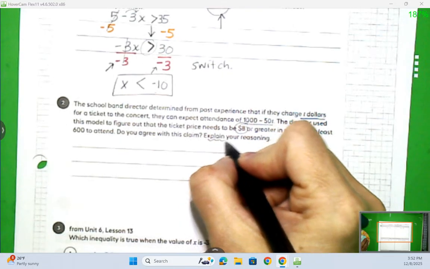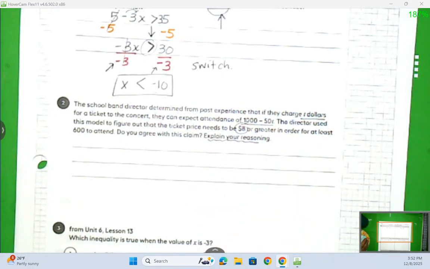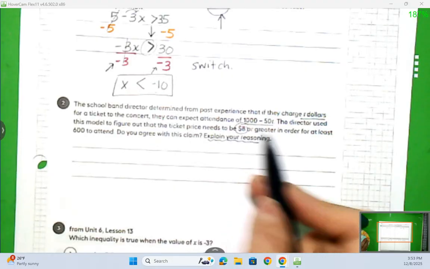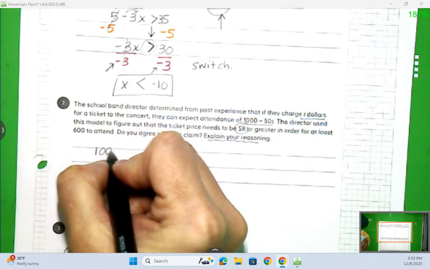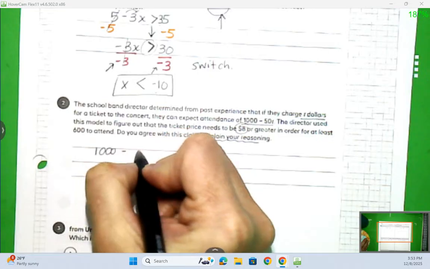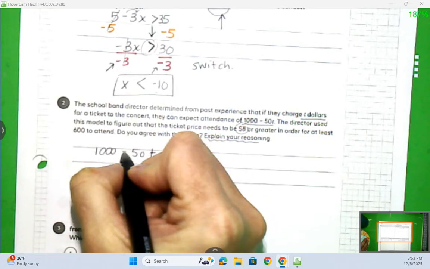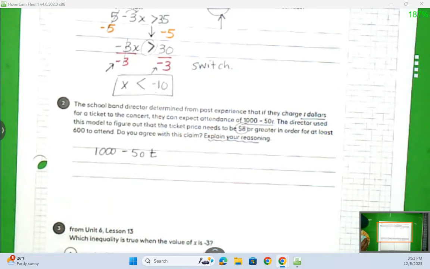Explain your reasoning. So the first thing I'd like to do is just kind of think about this math problem in terms of the expression they gave us. They said 1,000 minus 50T. And they're saying that T would be the ticket price. So what if it was exactly $8?